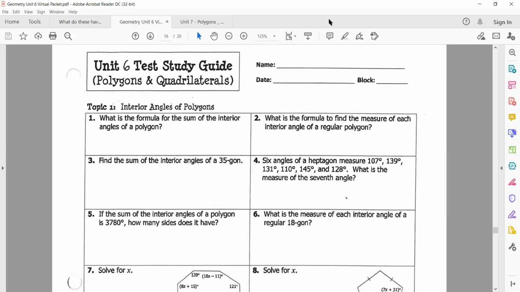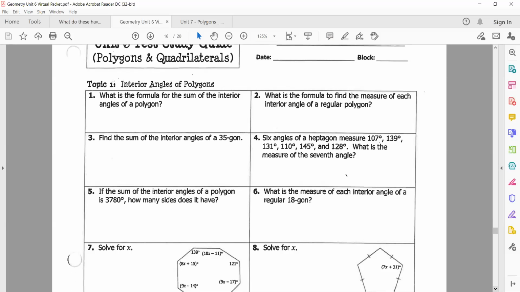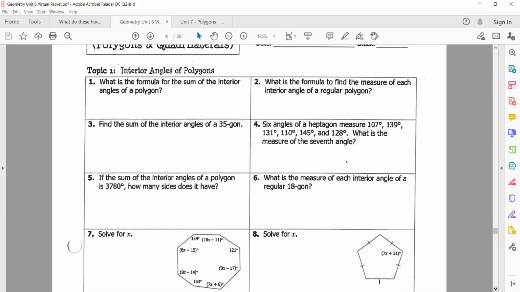Anybody remember that formula for the sum of the interior angles of a polygon? S equals n minus 2 times 180. Yeah, I was getting there.